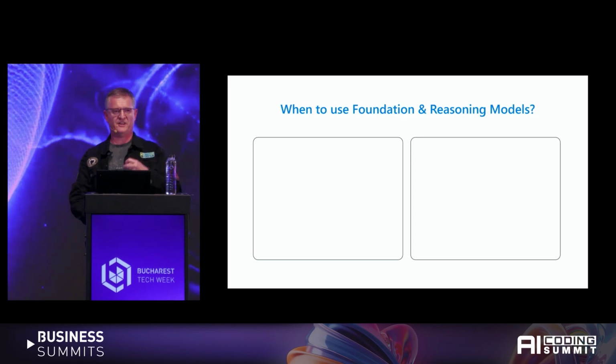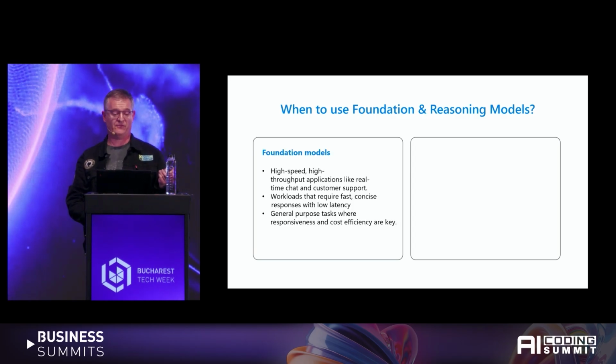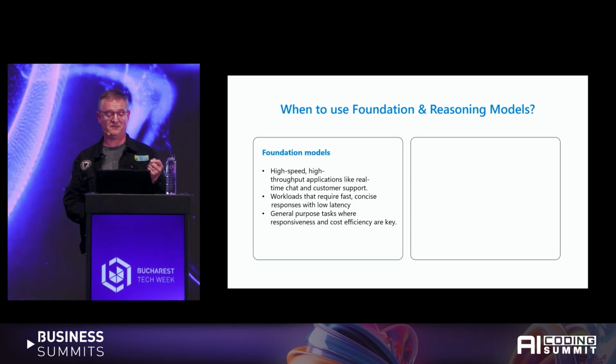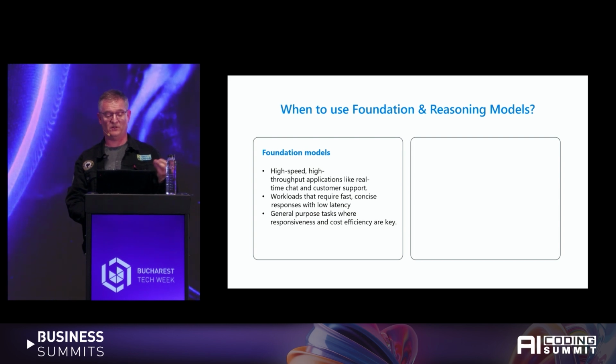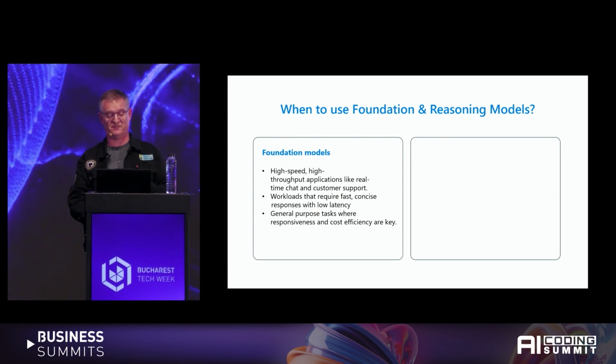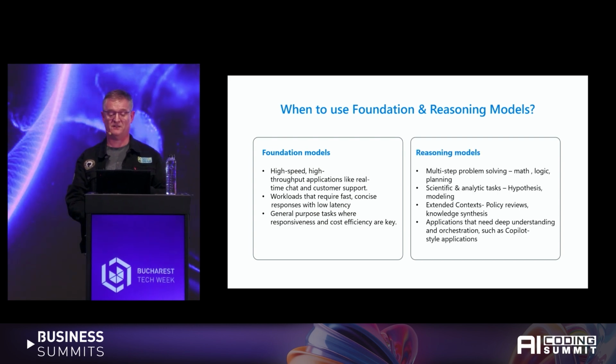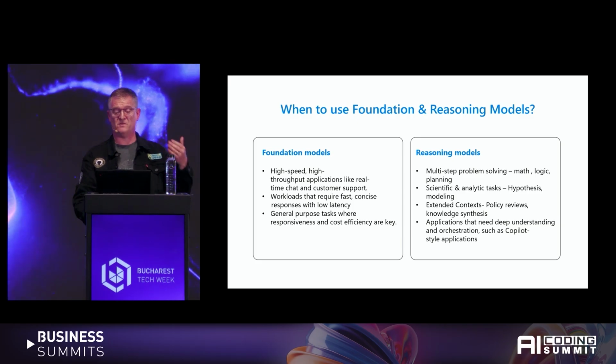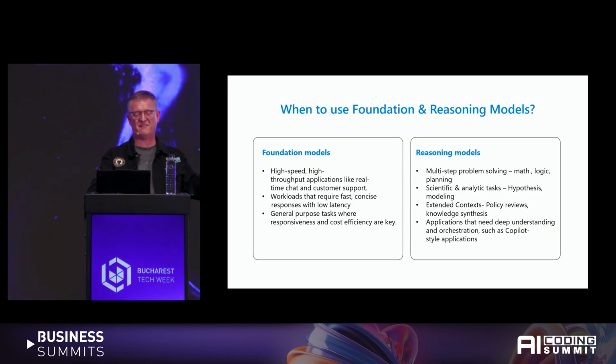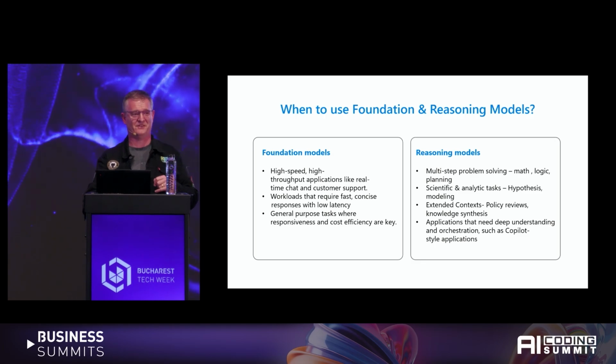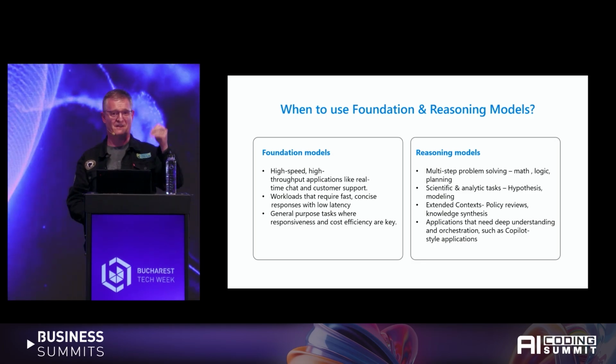So what are the conditions of when you should use this? Foundation models: high speed, high throughput, workloads that require fast, concise responses, and general purpose tasks. Or reasoning models, where you're moving into multi-step problems. I think everybody's moving to reasoning models now, to be honest. I don't think anybody's using the foundation models anymore unless you're doing very specific tasks.